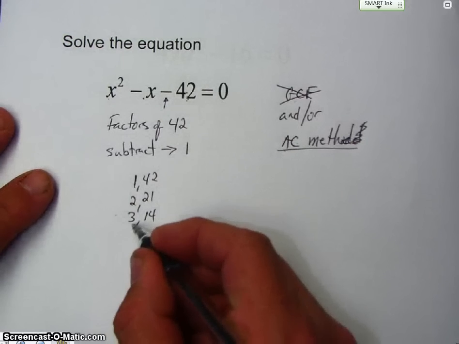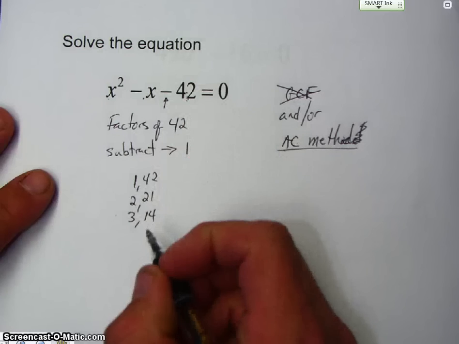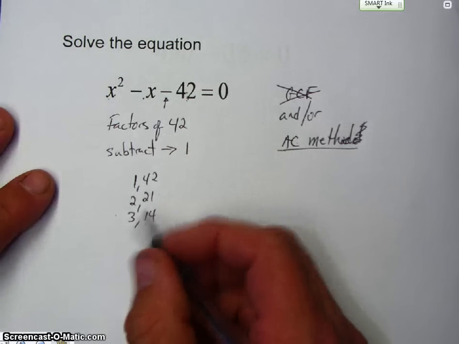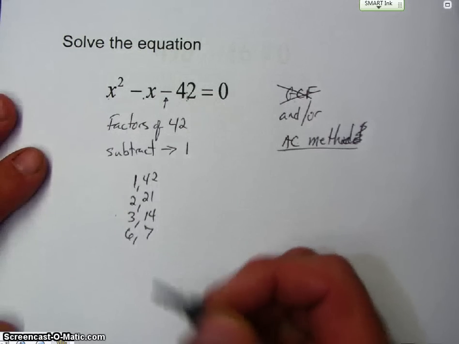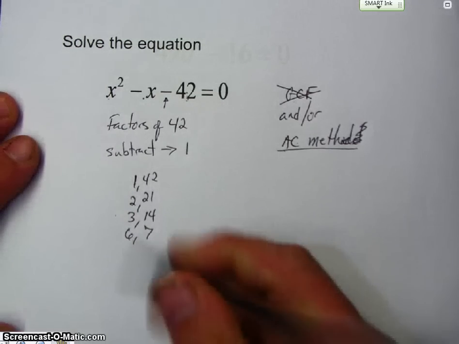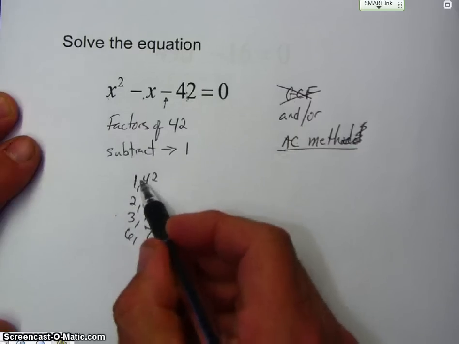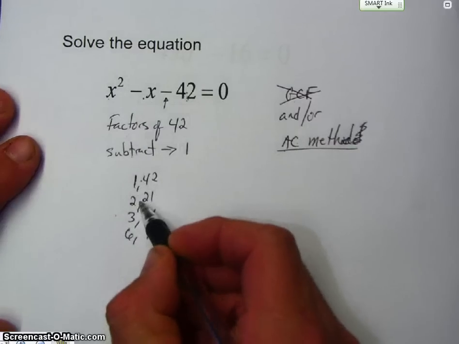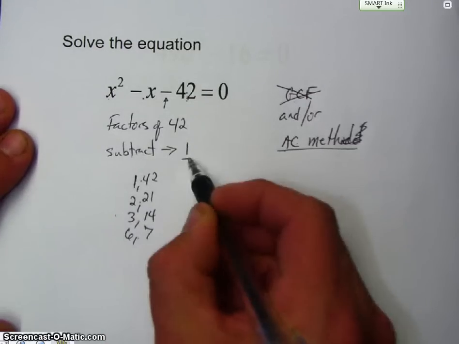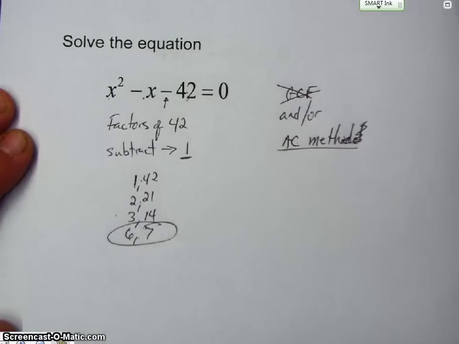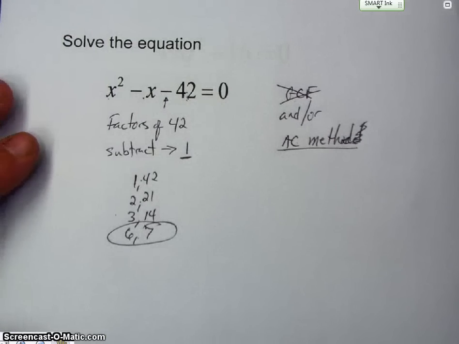Then we got 4. Does 4 go into that? Nope. 5. Nope. 6, that's 6 and 7. I think that's it. So we want to subtract. If I subtract, I'll get 41, 19, 11, and here I will get 1. And that's what my goal is. I want 1. So those are the factors that I need.